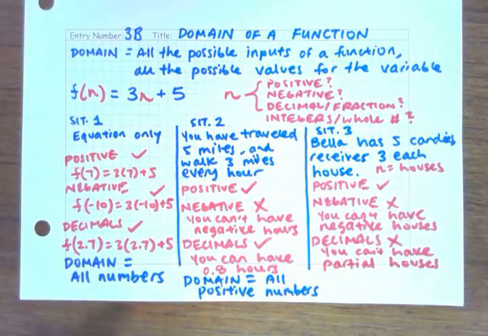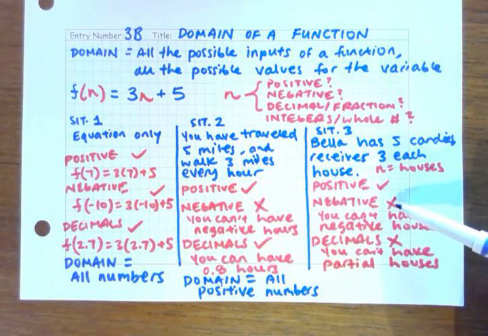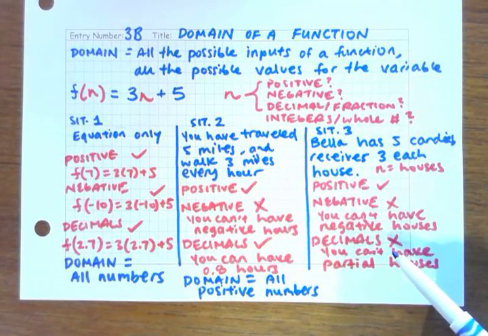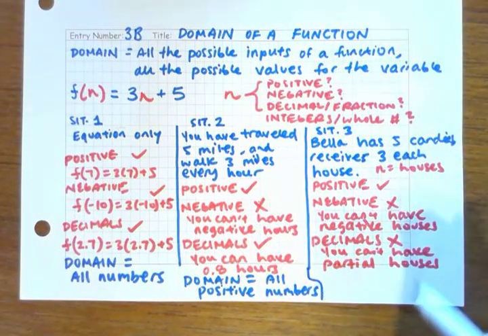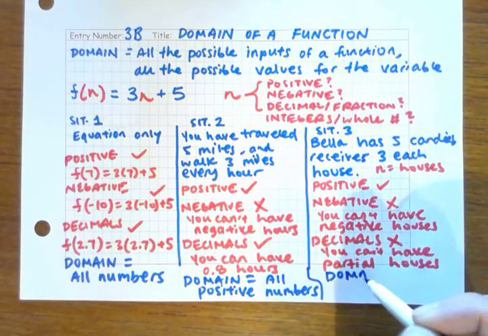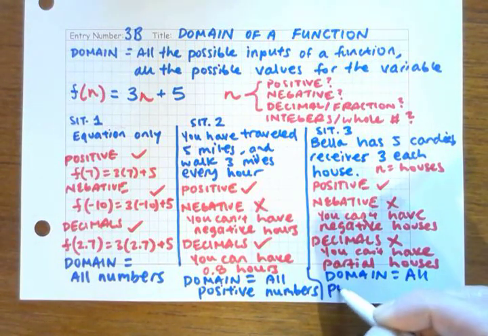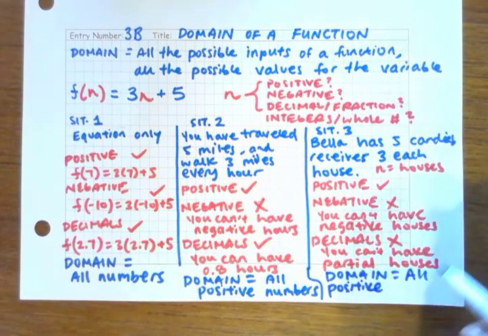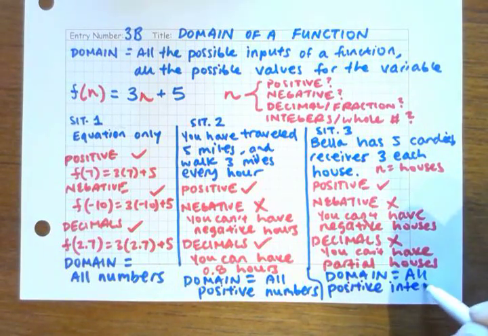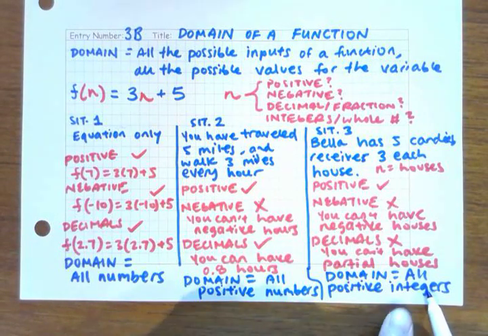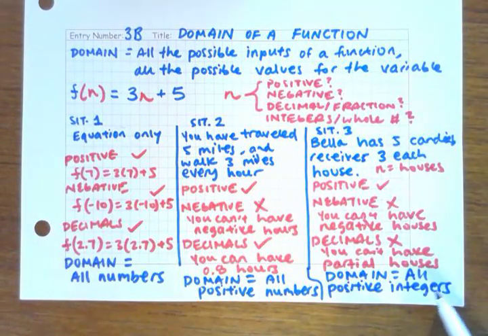So in this situation, we can only have positive numbers, not negative numbers, and only integers or whole numbers because we can't have decimal or fractions of a house in this situation. So then that's why our domain in this third situation is all positive, not negatives, and we're going to say integers. Because integers means whole numbers. So it's all positive whole numbers, or the best way to say that is all positive integers.